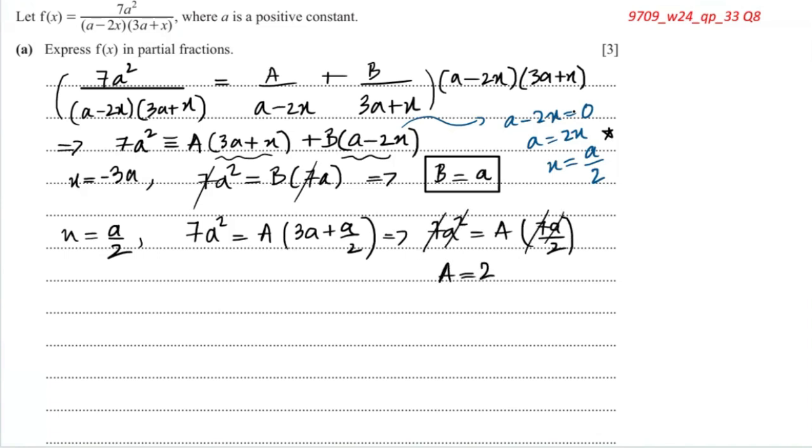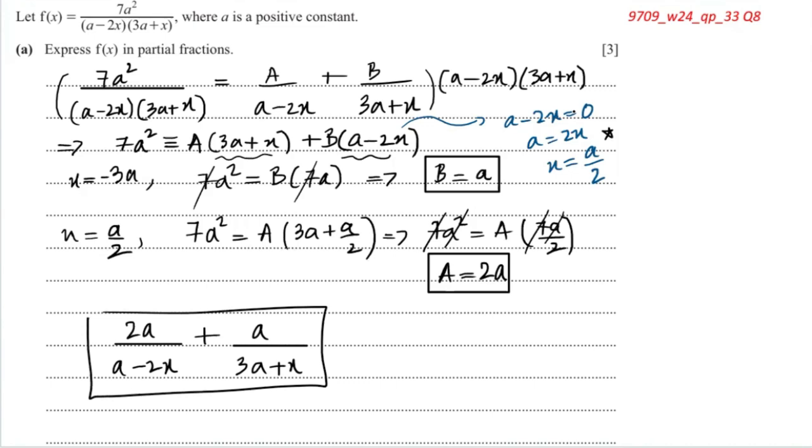So capital A is going to be 2a, where a is some constant. So my final partial fractions will now look like 2a over (a minus 2x) plus a over (3a plus x). I'm using a lot of a's, but remember one of the a's is the capital one and one is the small one. That's the final answer.